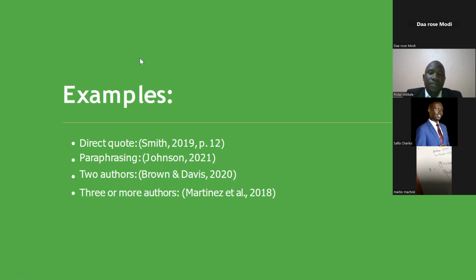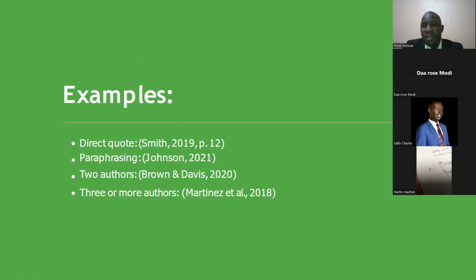Oh, yes. So you're saying, for example, there is research that was done by Charles, by Marco, and by Dennis. All of them did research and they found out that women who have mobile phones have reduced chances of getting maternal complications.